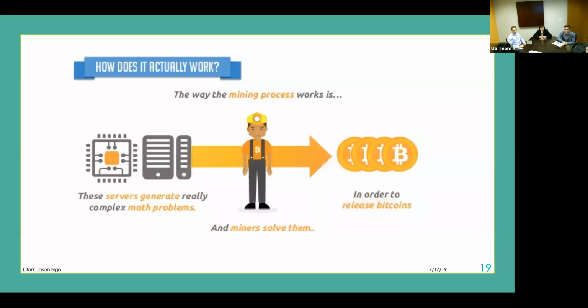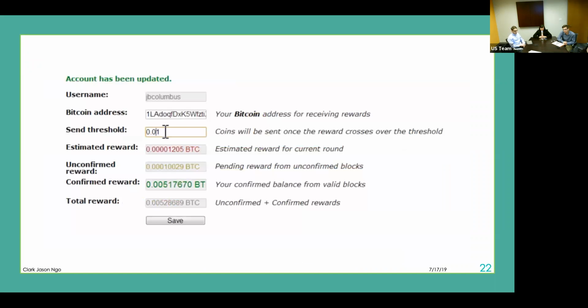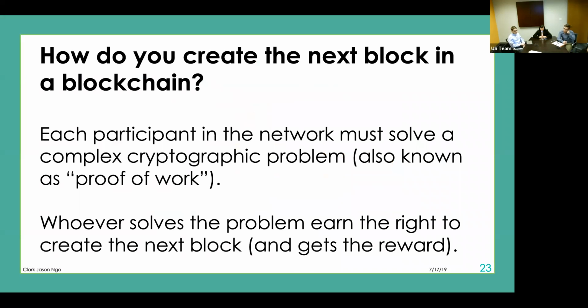And we talked about mining. Basically, the servers that implemented Bitcoin would give this complex math problem. Your computer or your bunch of computers just needs to solve them to be rewarded with the block that holds a coin. I don't actually understand this, because the way you usually get Bitcoin is you just buy it.